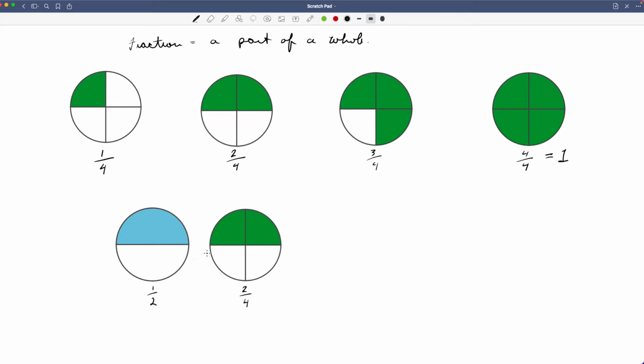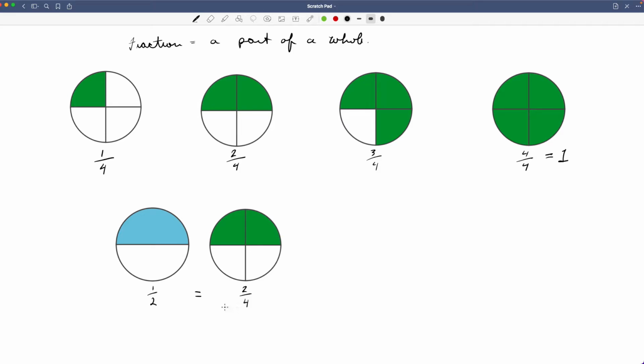If we look at the picture, we can do a visual comparison and know that they're the exact same amount of the circle has been shaded. And so these 2 fractions down here are equal to one another. They have the same value.